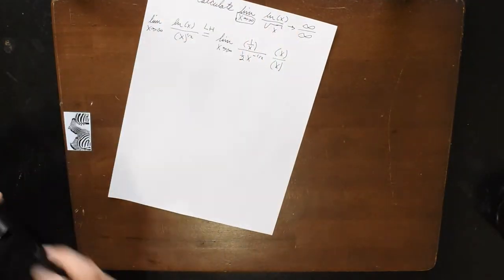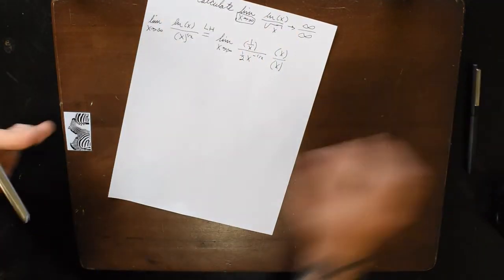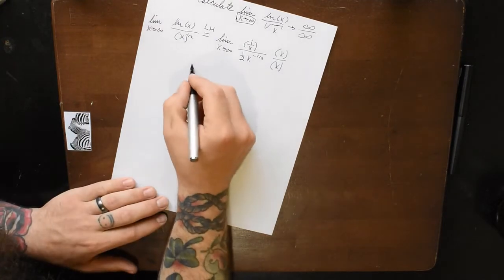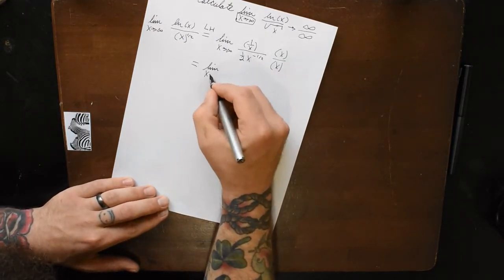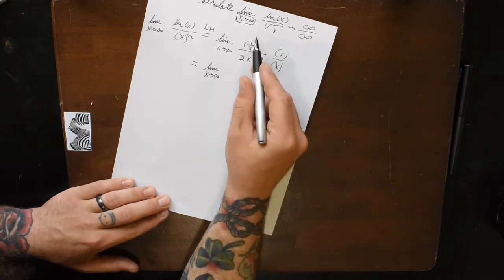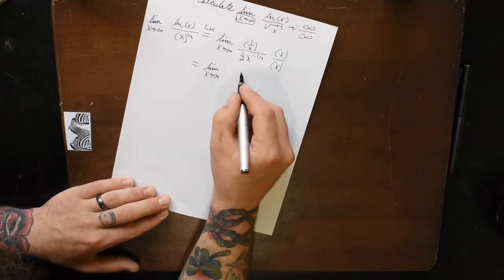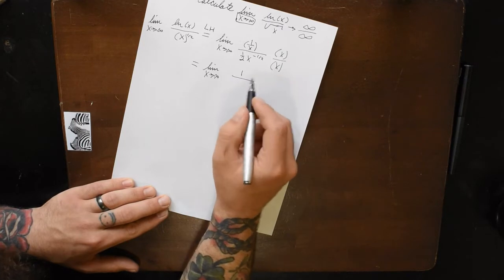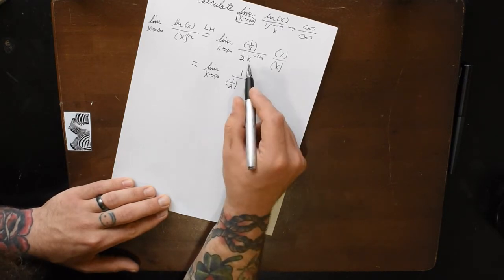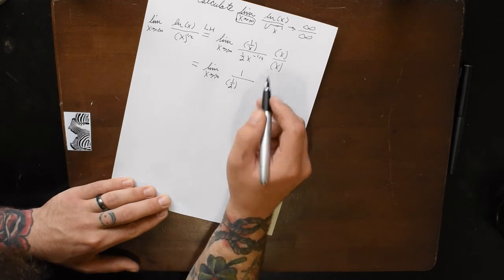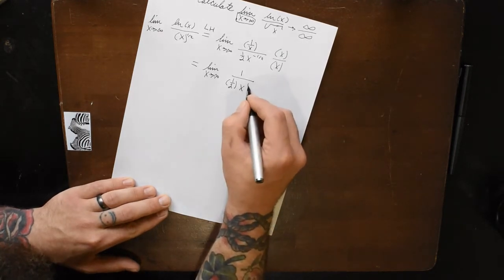So when we do that, this is going to be equal to, not by L'Hopital's rule, but by algebra, the limit as x goes off to infinity of 1 divided by x times x gives us 1, divided by, we're still going to have 1/2 in a denominator, and then x to the negative 1/2 times x gives us an x to the positive 1/2.